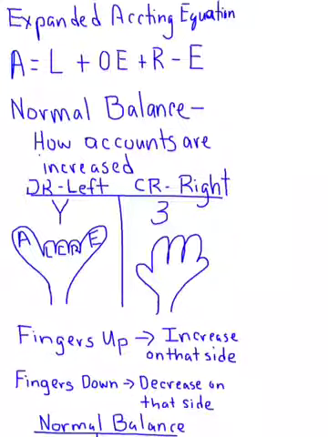When we look at our right hand, you notice we have 3 fingers up. Those fingers correspond to liabilities, to the capital, as well as to your revenue. So those fingers are up. That means that liabilities, capital, and revenue are going to increase on that right side with that right hand.